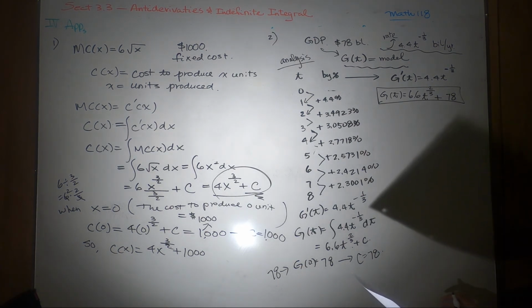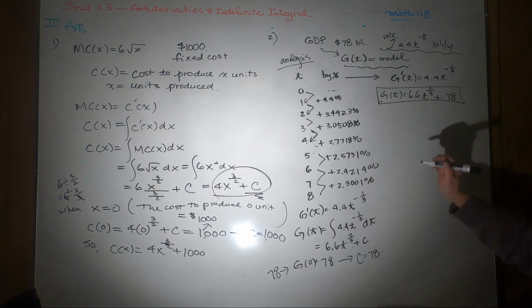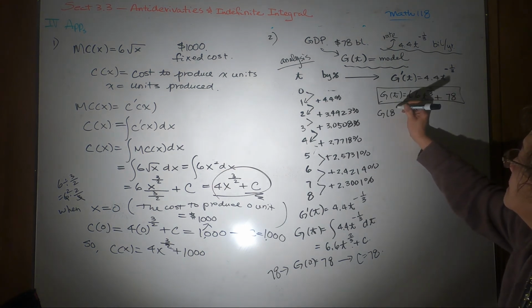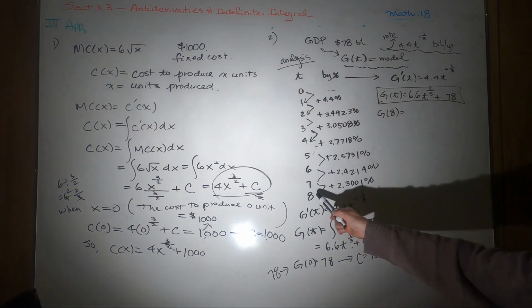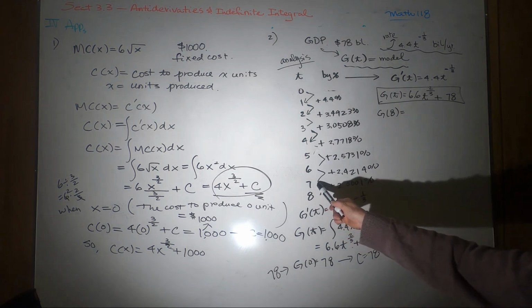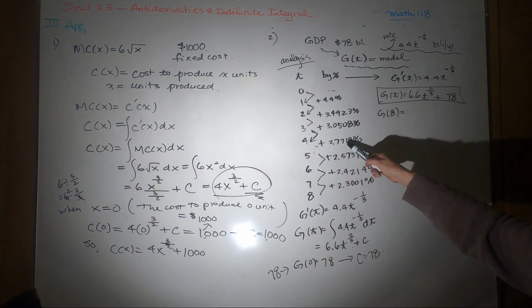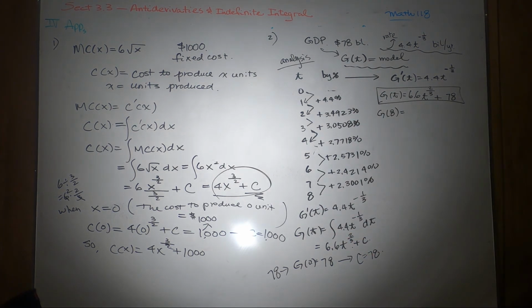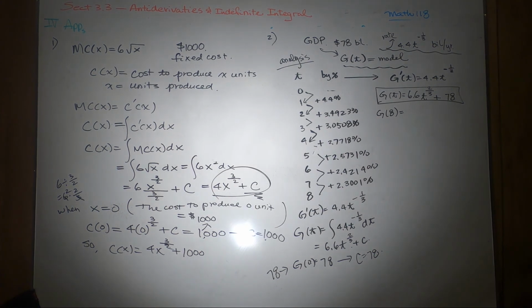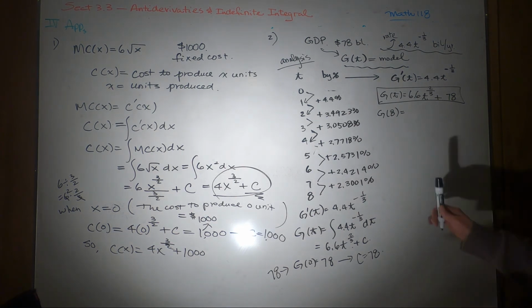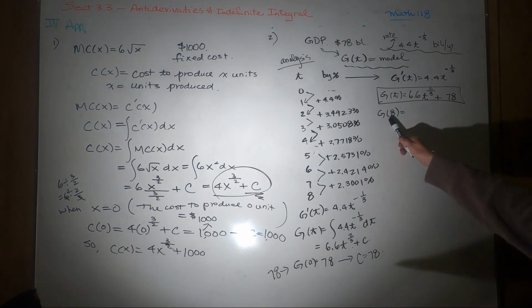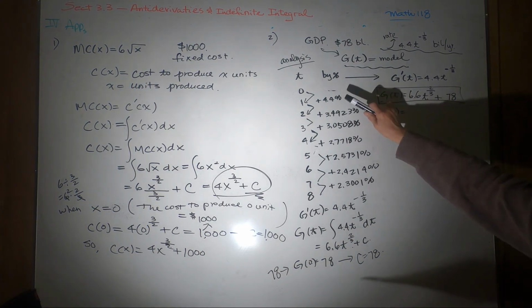Then how do you find G of 8, at the 8th year, right? The 8th year means after the 7th year to grow. So 1, 2, 3, 4, 5, 6, 7. This would be very confusing.